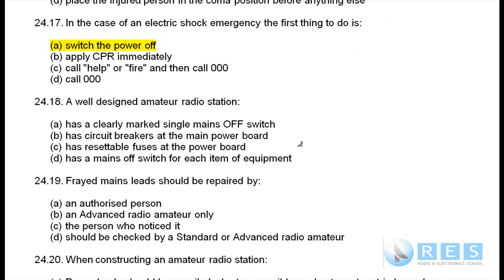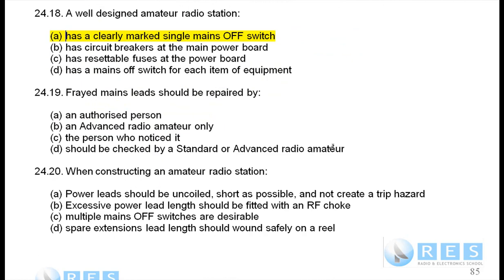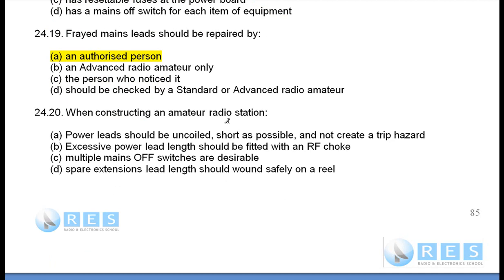24.18. A well-designed amateur radio station has a clearly marked single mains off switch. 24.19. Frayed mains leads should be repaired by an authorised person or a qualified person, which is typically an electrician. 24.20.